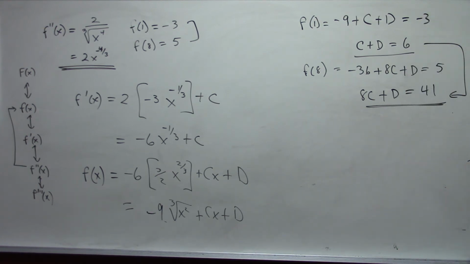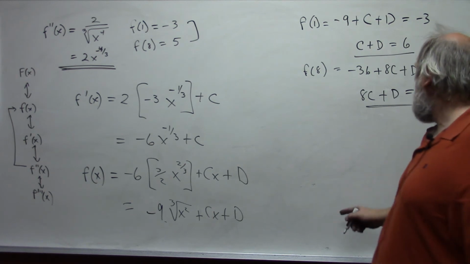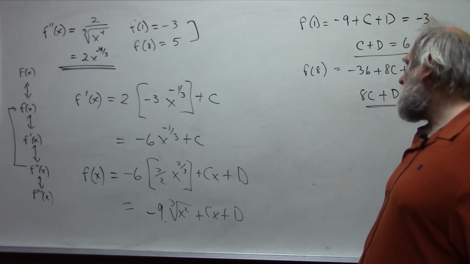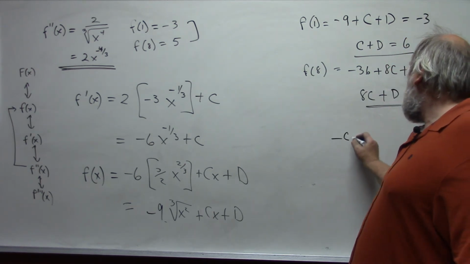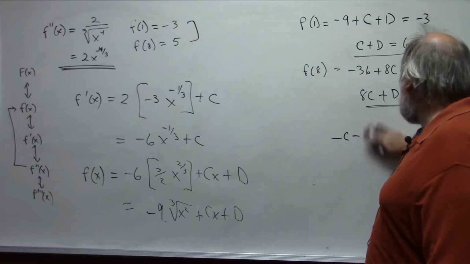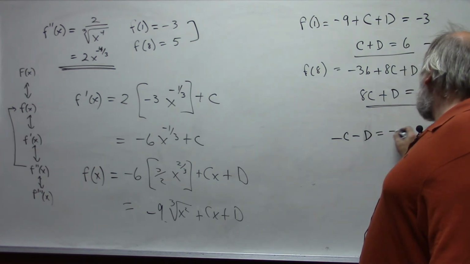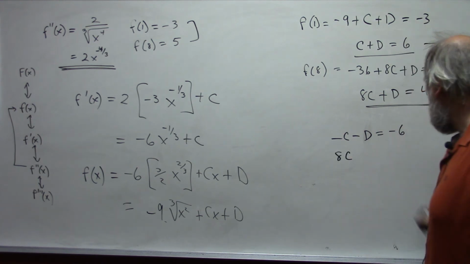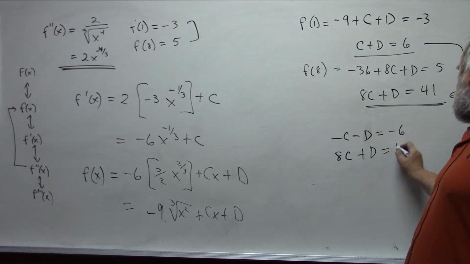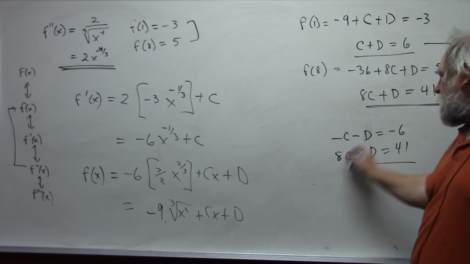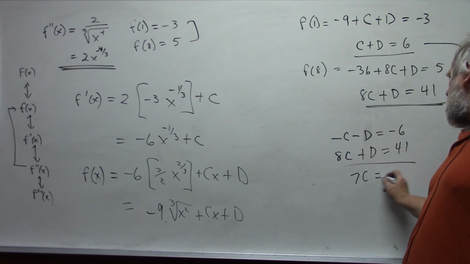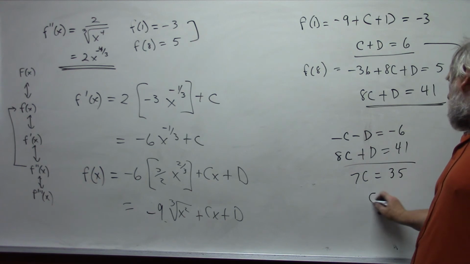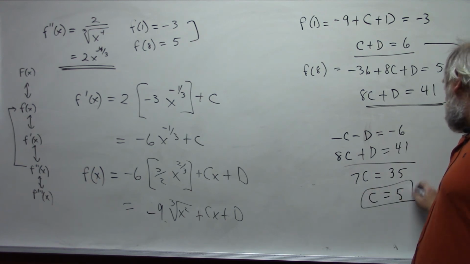If I just take my first one, and let's suppose we multiply by negative 1, negative c minus d is equal to negative 6. The first one, and the second one, 8c plus d is equal to 41. Use elimination. 7c is equal to 35, so c is equal to 5.